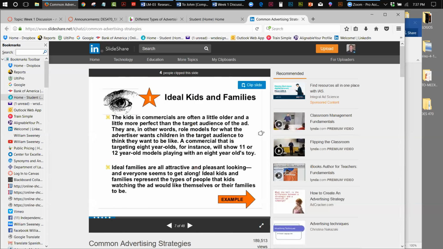The kids in commercials are often a little older and a little more perfect than the target audience of the ad. They are, in other words, role models for what the advertiser wants the children in the target audience to think they want to be like. First of all, you have to understand they have to know about the psychology of the target audience. What is the target audience thinking generally?